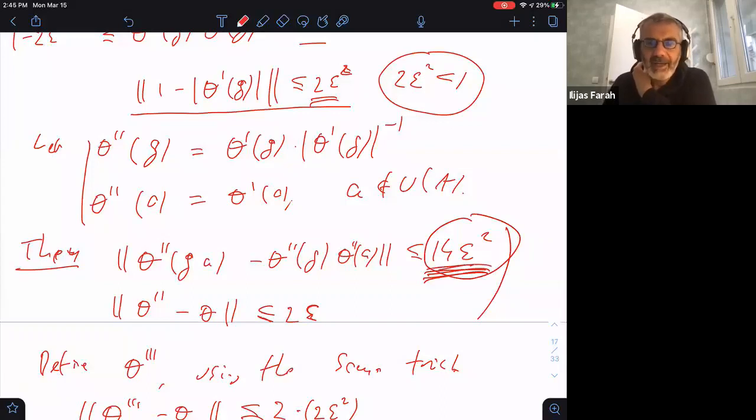And I made no serious effort to find the optimal constants, because for our purposes it only matters that for every epsilon there is a delta, so that every delta approximate homomorphism can be approximated by a star homomorphism. But yeah, I'm not sure. That's a short answer.